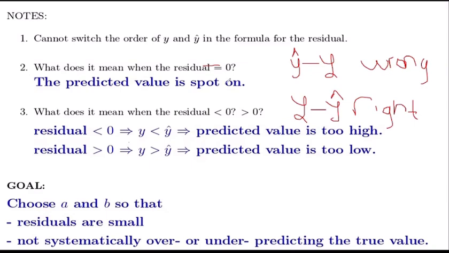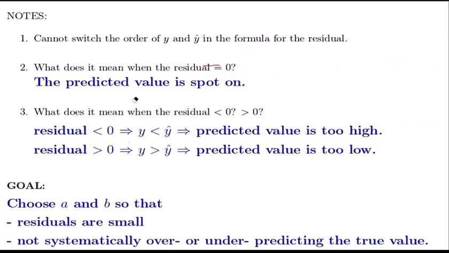Do you know the situation where the residual equals zero? When the residual equals zero, it means we're hitting the nail on the head: what our model predicts is exactly what happened. What of a situation where the residual is less than zero?